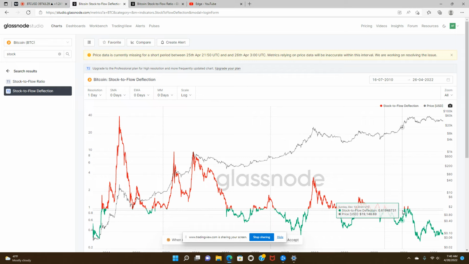So with that being said, that doesn't mean that Bitcoin can't go lower or that the price can't go lower. Of course it can. And there are definitely very, very good targets to look at in that scenario.